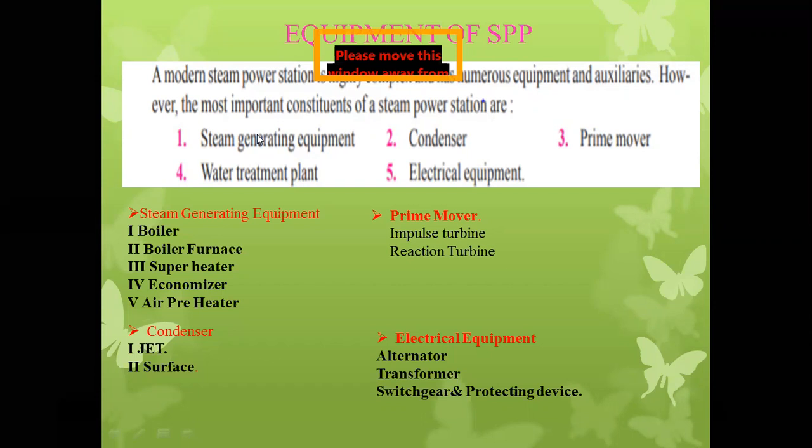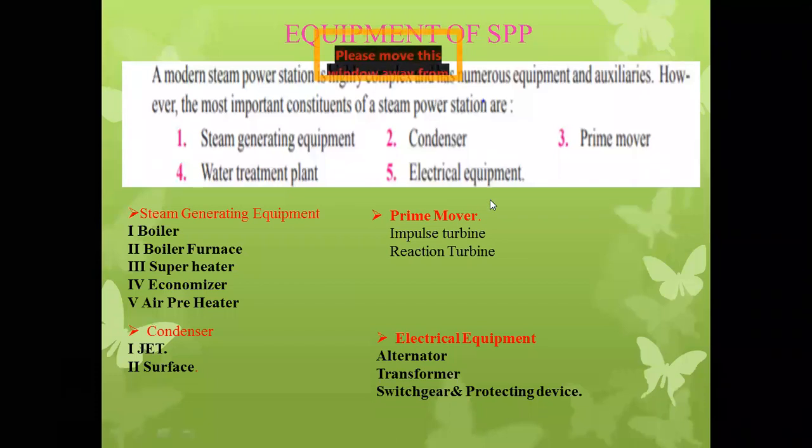Anyone? Yes, tell me. Yes, tell me what about the impulse turbine? Anyone? What about the impulse turbine? Yes, tell me.